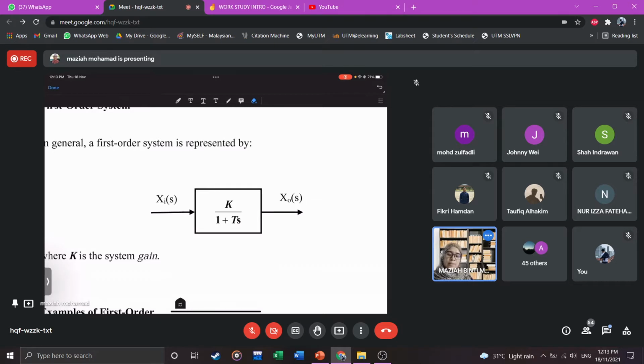So we have K. K here is the static gain, where K will relate the output to the input at the steady state region.